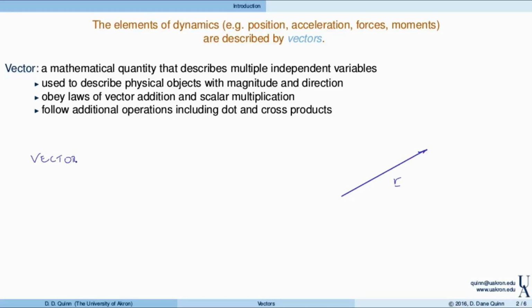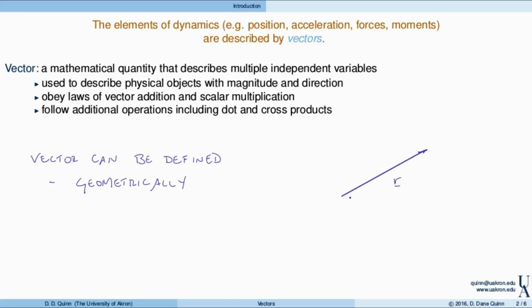So the vector R can be defined in a number of different ways. In particular, it can be defined geometrically in space. And so we often think about vectors as arrows, right?